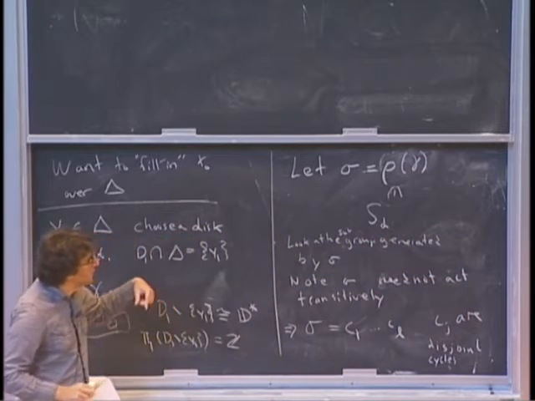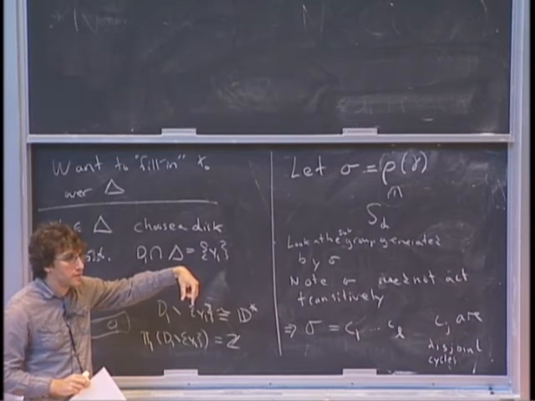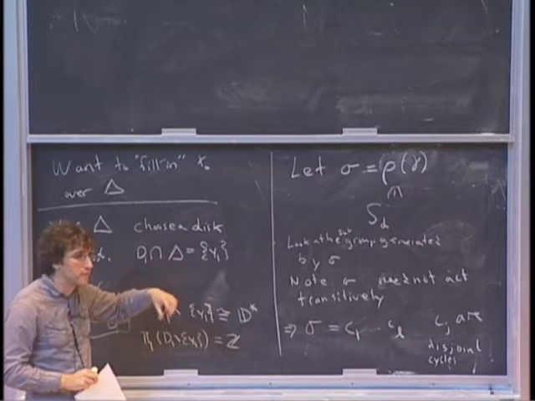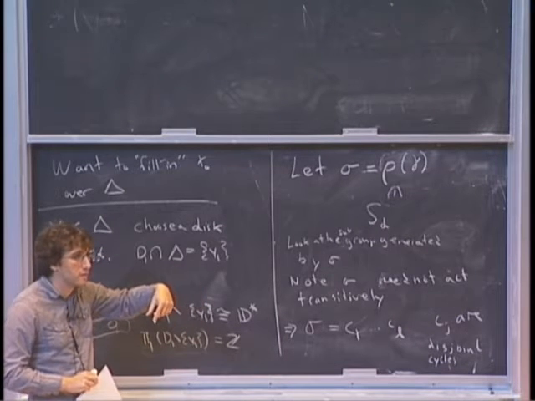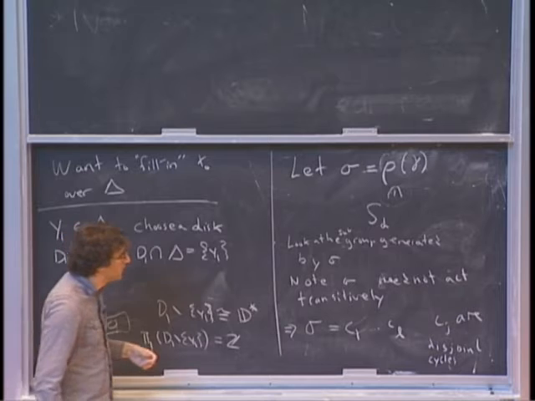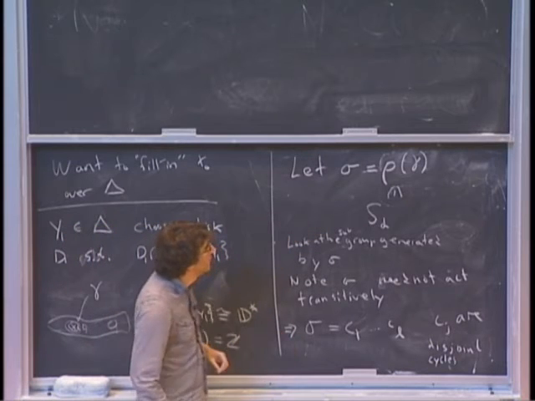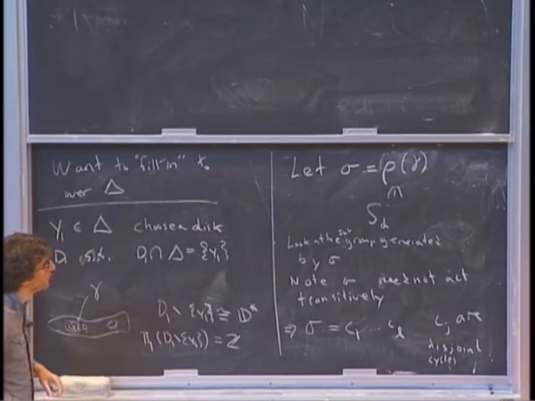Something like, you send the first element to the second and the second to the first, and the third element to the fourth and the fourth to the third. That would be an element that's allowed in the symmetric group of four elements.